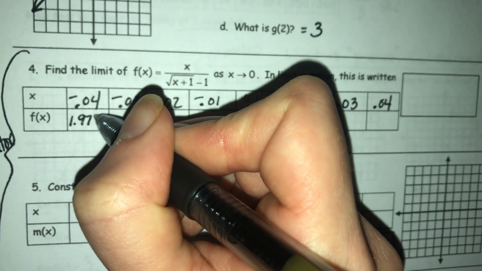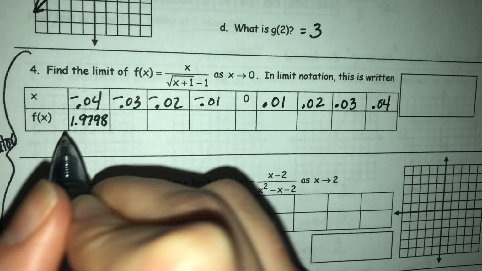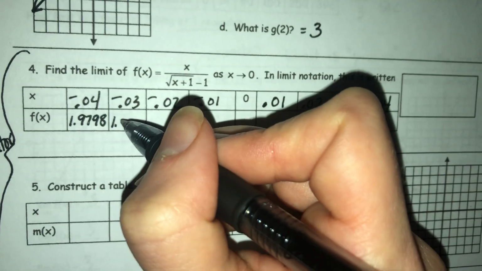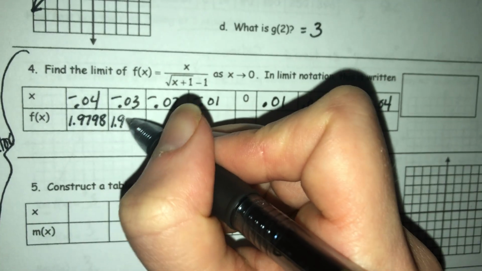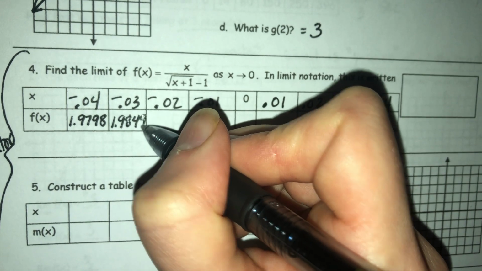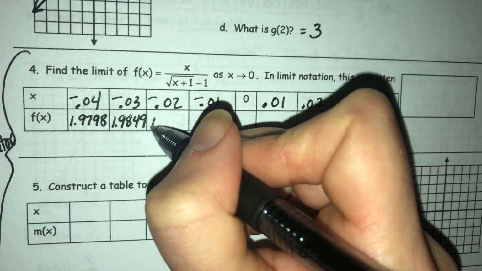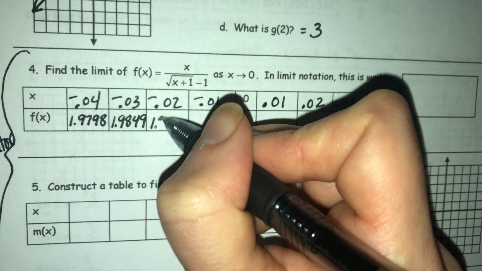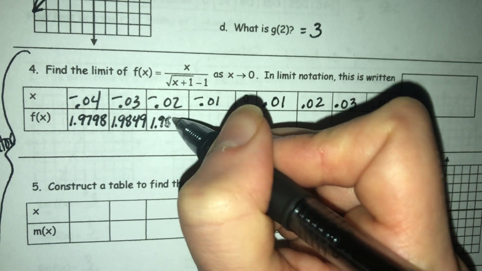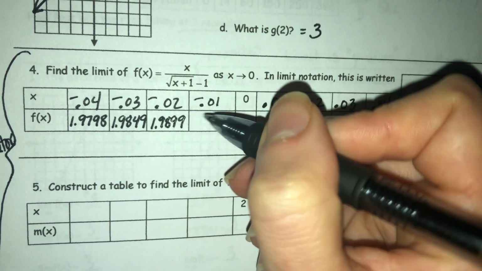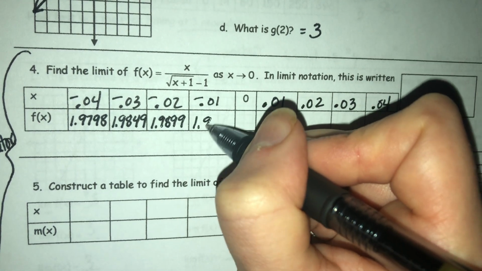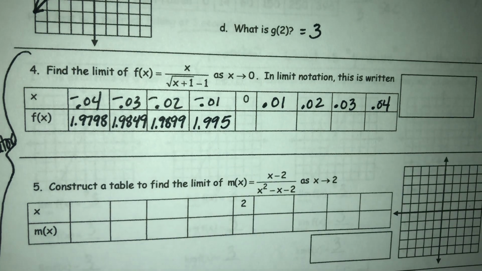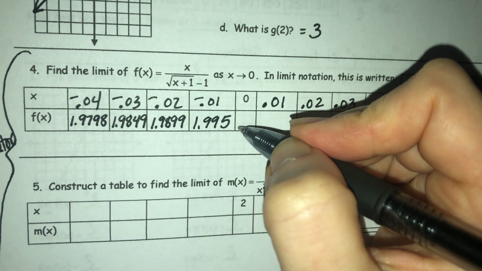1.9798, 1.9849, 1.9899, 1.995. At 0, it says error in my calculator.